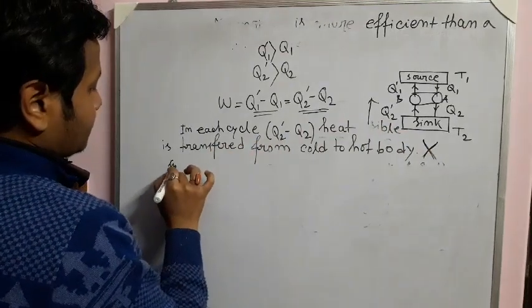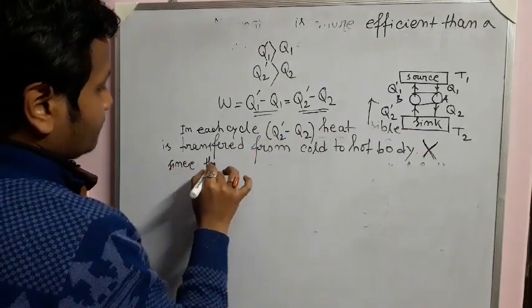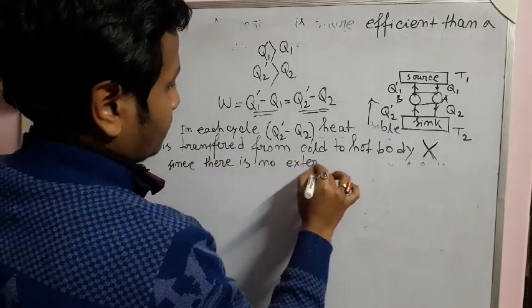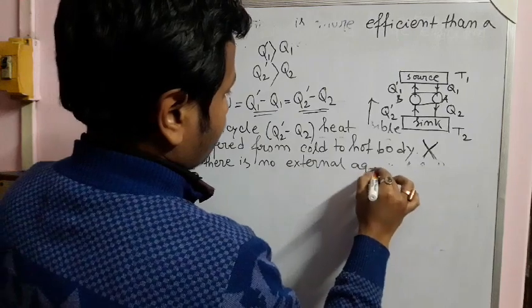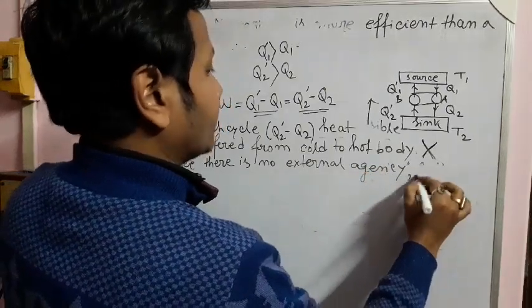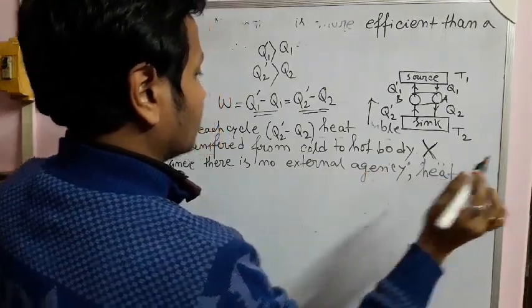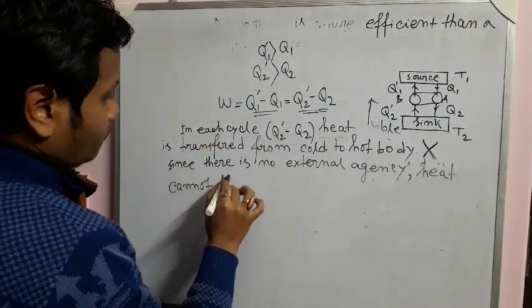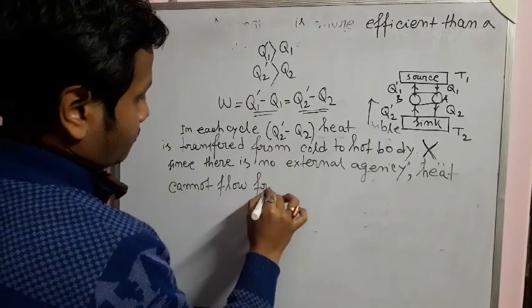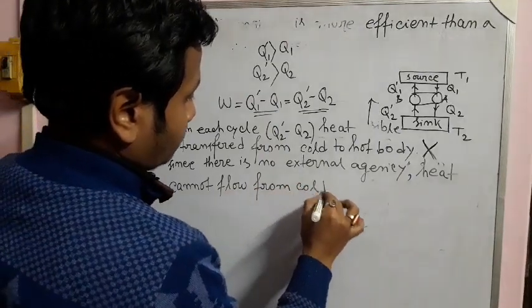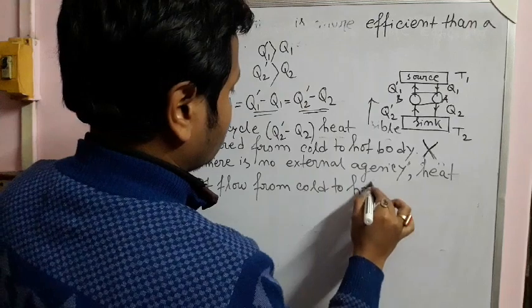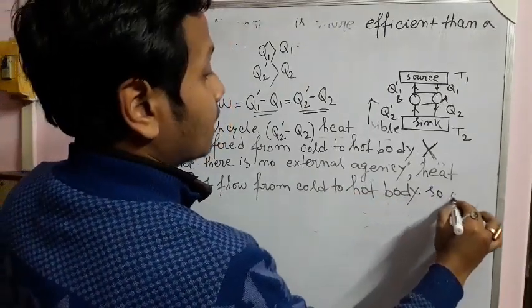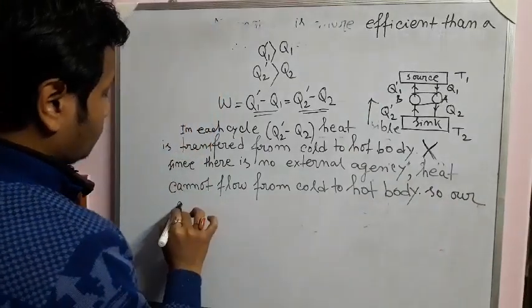But since there is no external agency, heat cannot flow from cold to hot body. So our assumption is wrong.